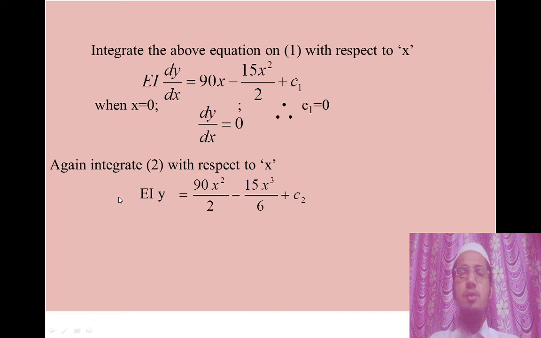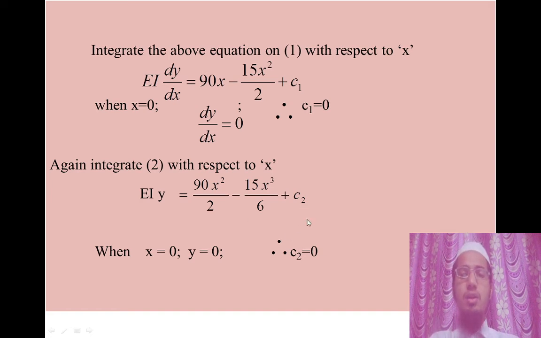Now tell me, at x equals 0 we said that slope is 0. What about deflection? Can anybody answer? Yes, at support x equals 0, deflection is also 0 due to fixity of the support. Hence, by putting these values in this equation, we will get c2 equals 0.